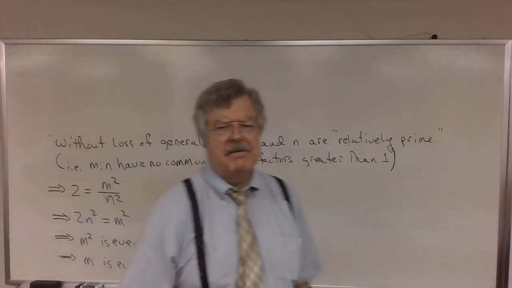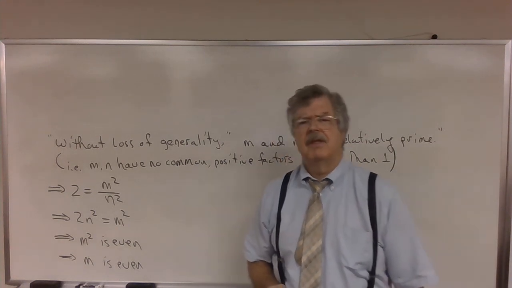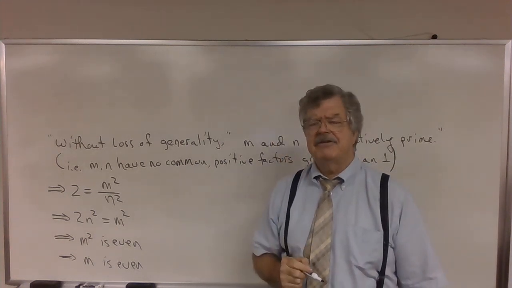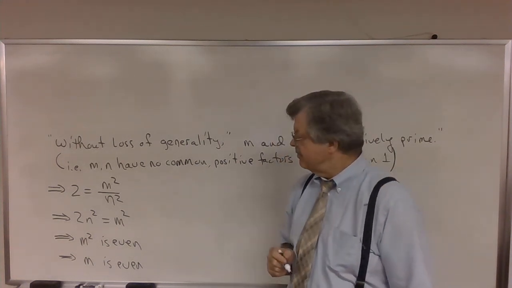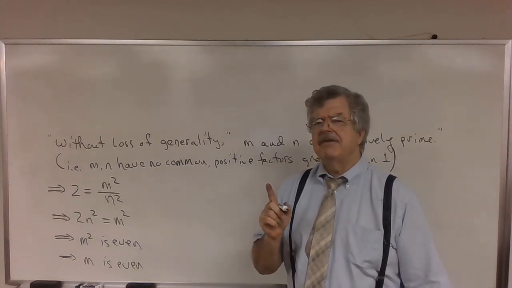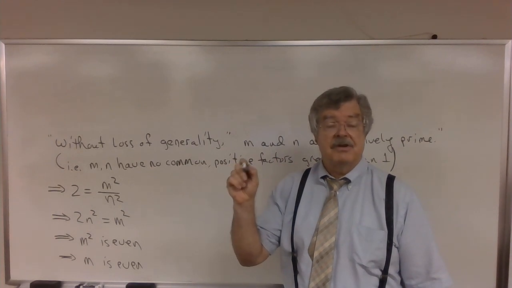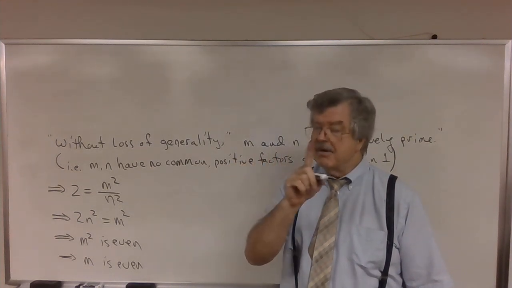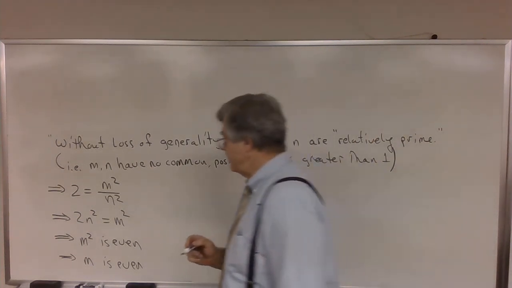What do we know about even numbers, especially even natural numbers? We can write every even natural number as 2 times some other natural number, right?